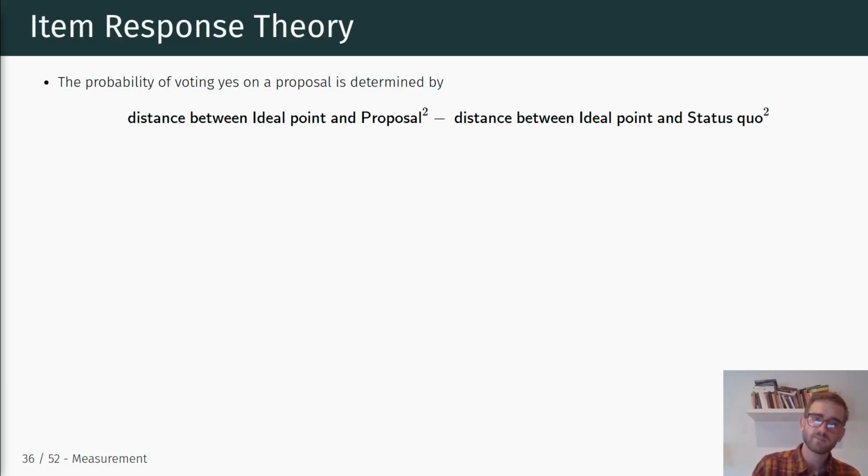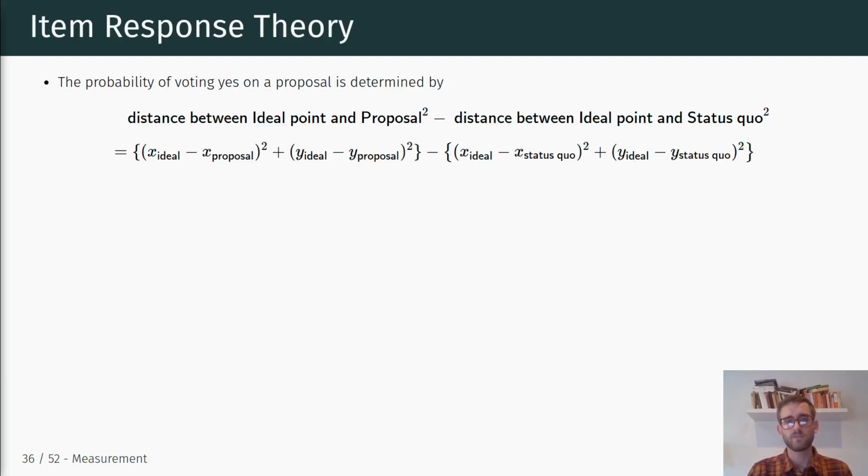Someone should vote yes if the proposal is closer to the ideal point than the status quo, right? And so we can quantify this as the difference between the ideal point and the proposal, as well as the difference between the ideal point and the status quo, for different types of proposals, right?